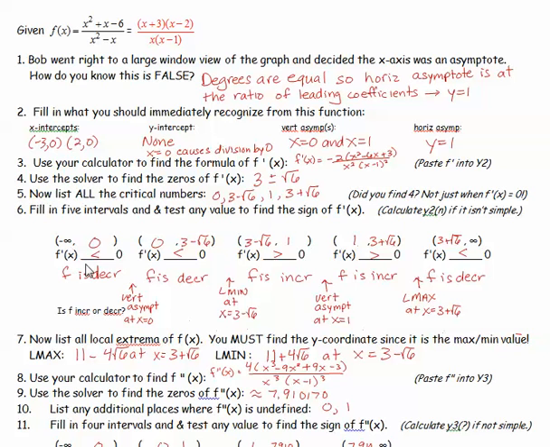So between these two values, f is decreasing since it's negative. Then it's decreasing again on the other side of the asymptote. And then it has a local minimum because it changes from decreasing to increasing. And then we have a vertical asymptote.